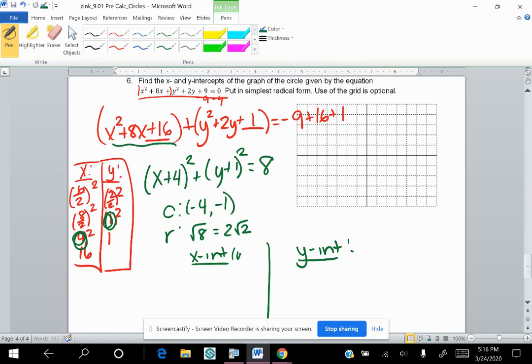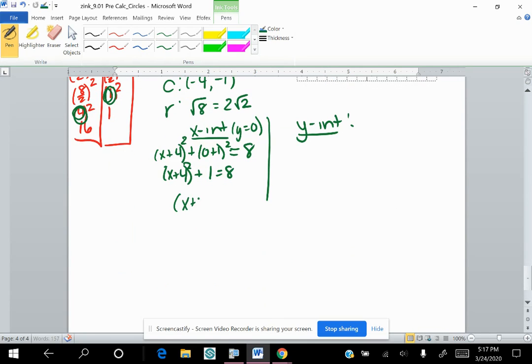So x-intercept is where y is equal to 0. So we're going to sub in 0 in for y, equals 8. So that's x plus 4 quantity squared plus 1 squared, which is 1.